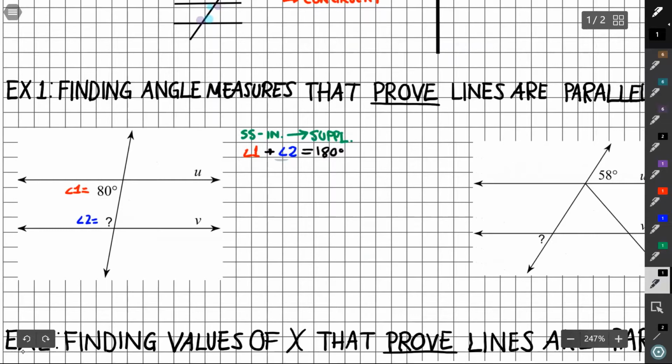Alright, so we're going to figure out what this question mark has to be in order for those lines to be parallel. So I'm going to write 80 instead of angle 1 plus, I'm going to write in my question mark, equals 180.